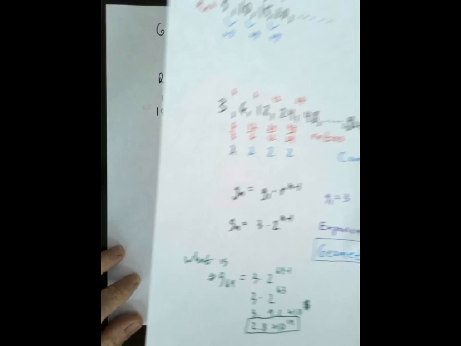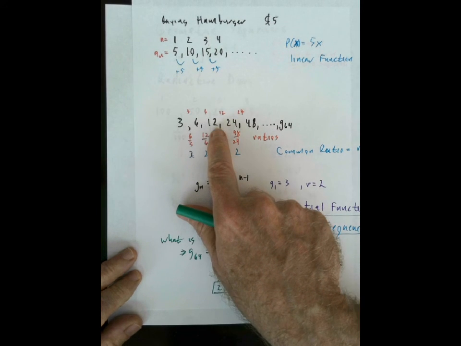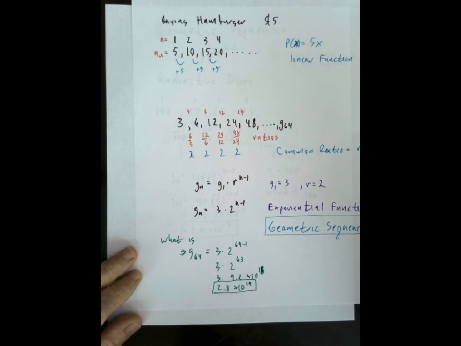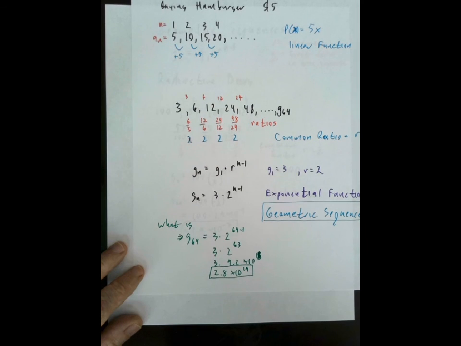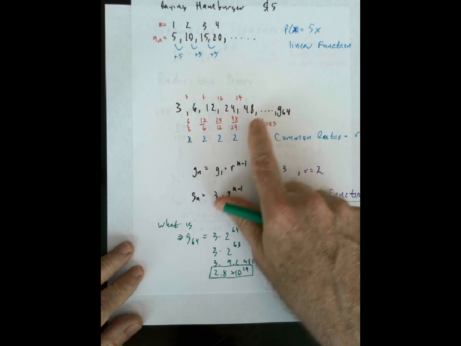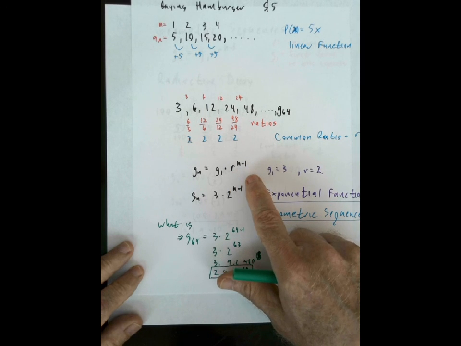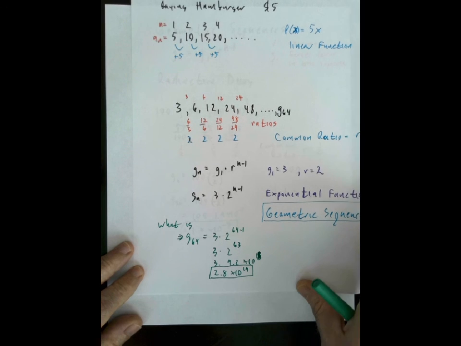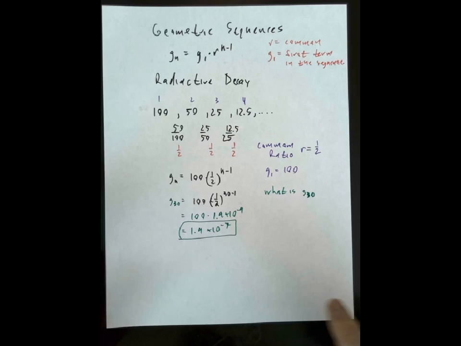If, on the other hand, the values in the sequence are increasing, with exponential functions we call that a growth function. But you see here, that just means if the values are growing with a geometric sequence, the common ratio R has to be something bigger than 1. Okay, so that's a geometric sequence.